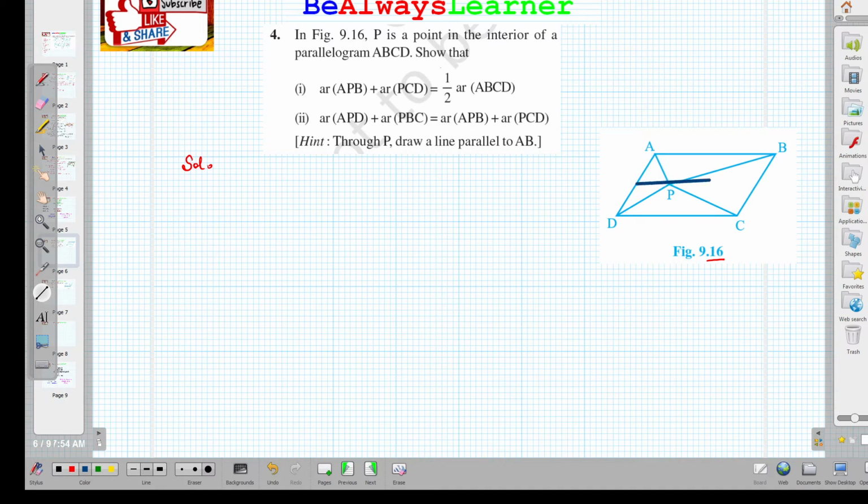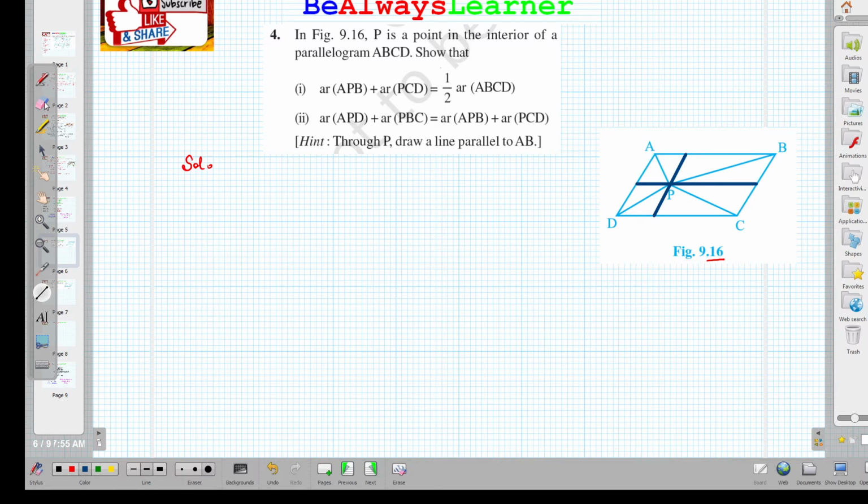So we should have this line parallel to this, and another we are having a parallel line with AD also passes through P. So this is parallel to this line.